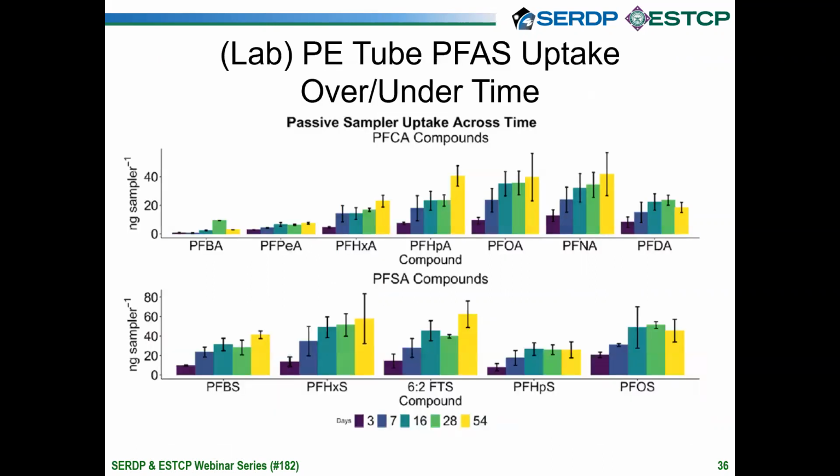So here are 2 results for carboxylic acids and sulfonic acids, showing uptake up to 6 weeks. You see an increase over time for up to 6 weeks without a problem. So that's what I meant: we can use these samplers to integrate over time scales of weeks.